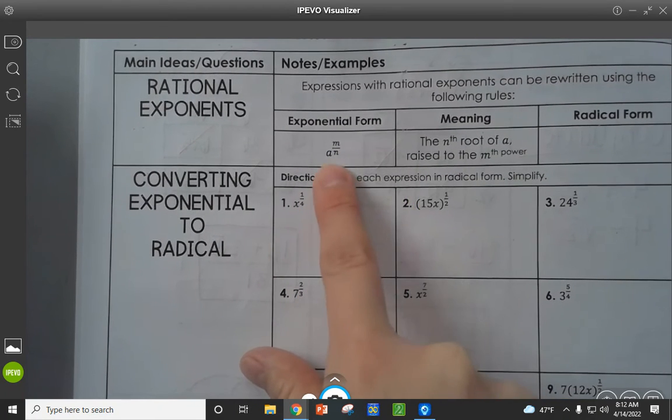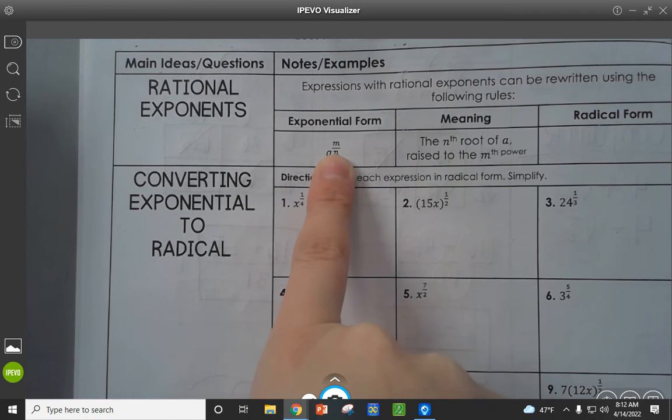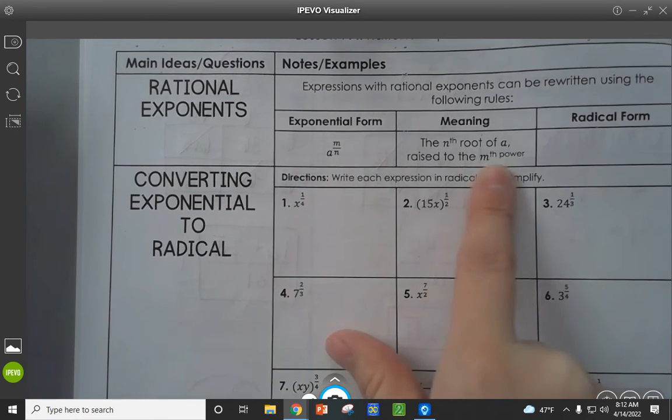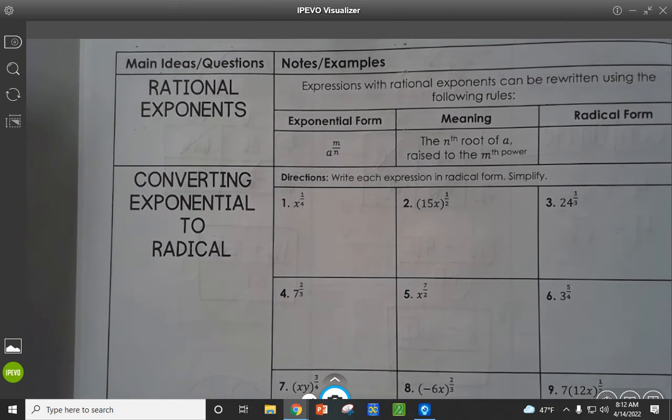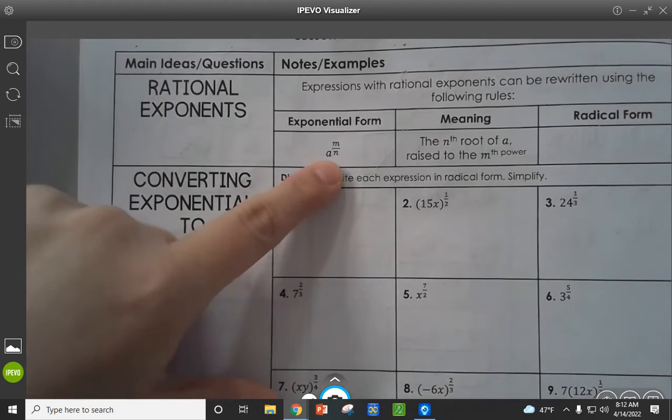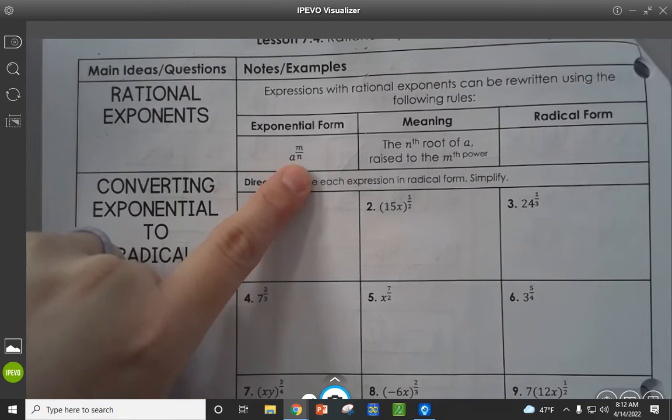This is the nth root. So your denominator of the fraction tells you what type of root it is to raise to the nth power. So what that looks like, if our goal is to convert it to a radical, the denominator is the root.